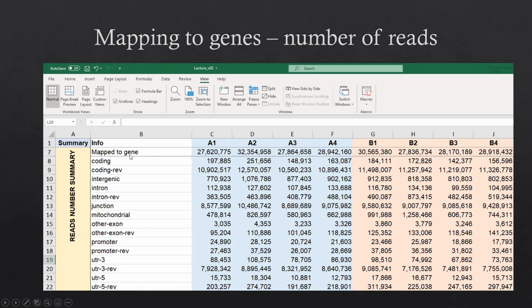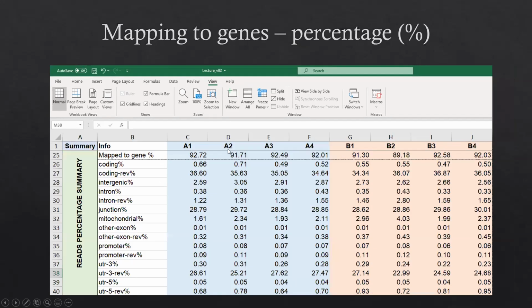We can see how many reads can be mapped to the gene, and where they are located: in the coding exon or reverse coding exon, or in the genic region, intron, junction, mitochondrial, or other exons not in the coding region, promoter, 3' UTR, or 5' UTR. And here it shows all the reads in each region defined by the software.